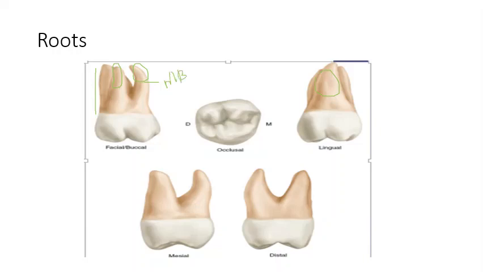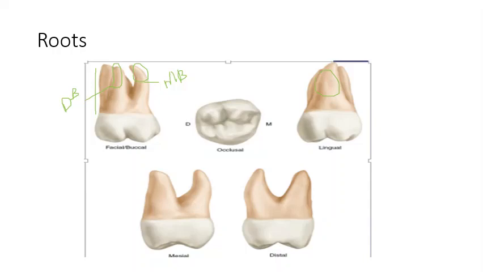has got how many canals? Three canals. Okay, three canals are present in the upper, and the palatal root is the larger one, or it may be a bit more in length as compared to the other two roots.